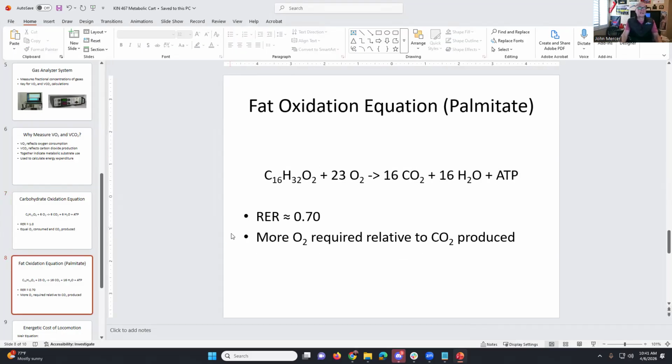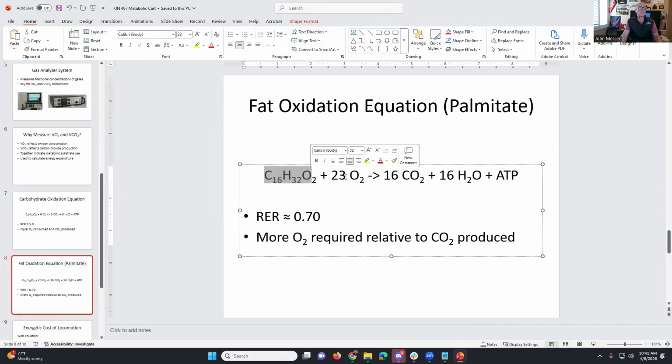If we look at fat oxidation, this is an example fat. This is the chemical equation for that fat. We need lots more oxygen, and we produce some carbon dioxide, we produce water, and we actually produce a lot of ATP this way.